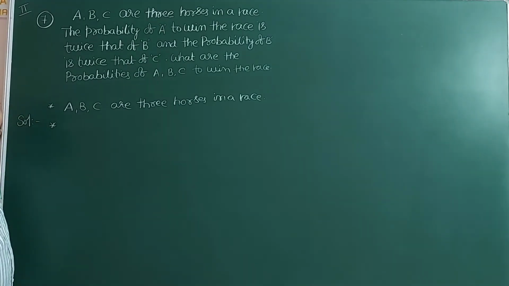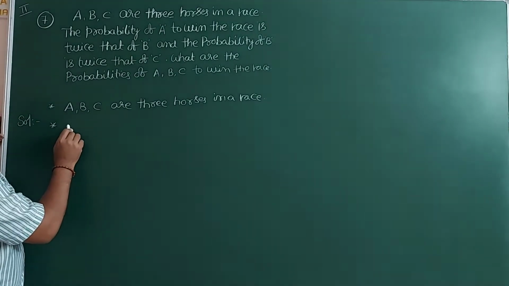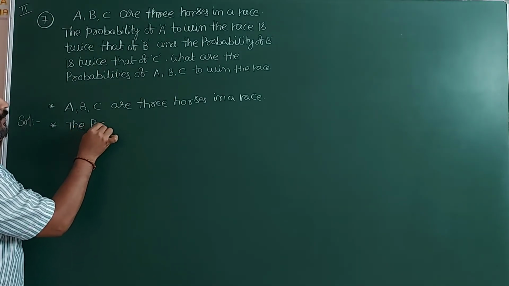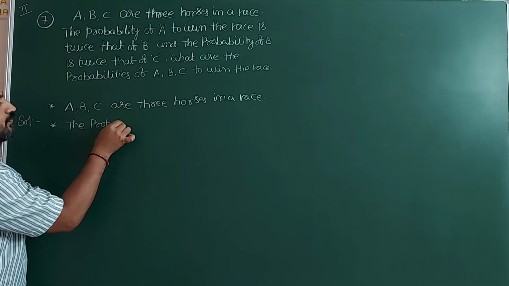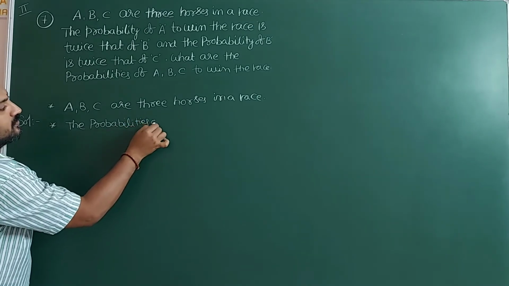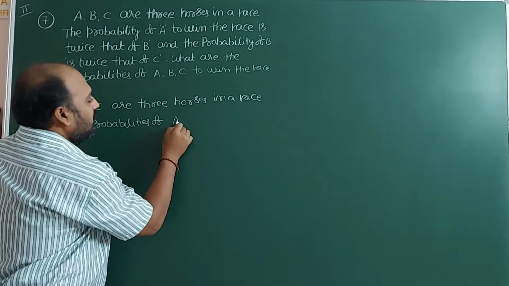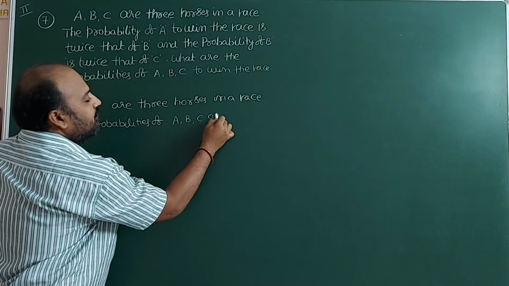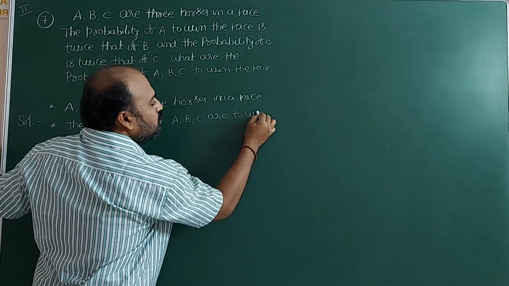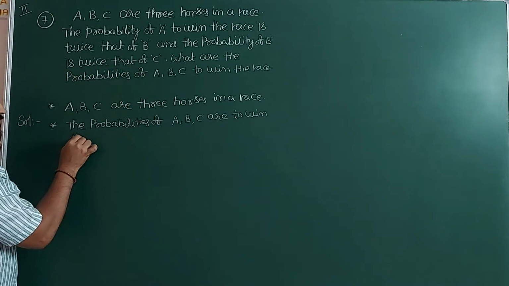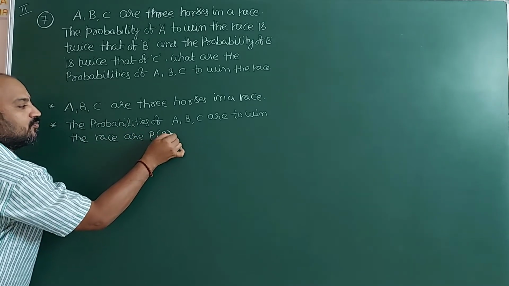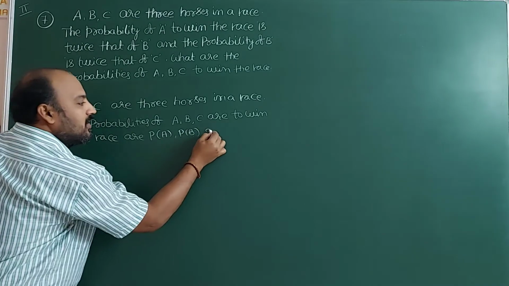Before that, what we have to write is, the probabilities of A, B, C to win the race are P of A, P of B and P of C.